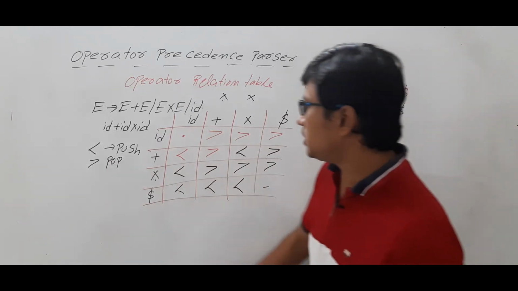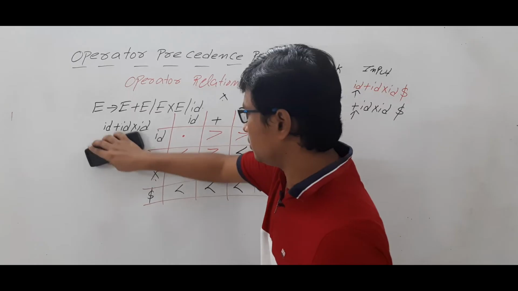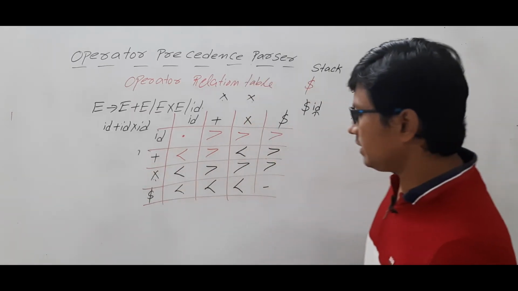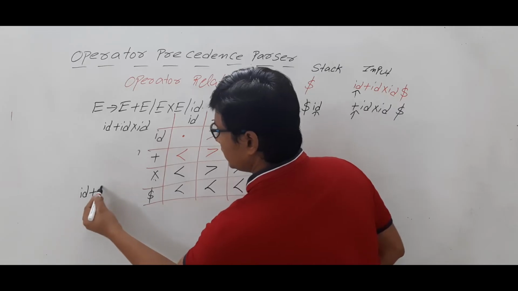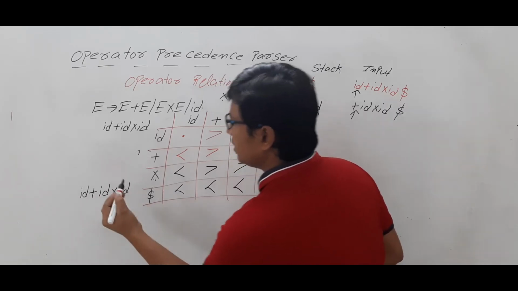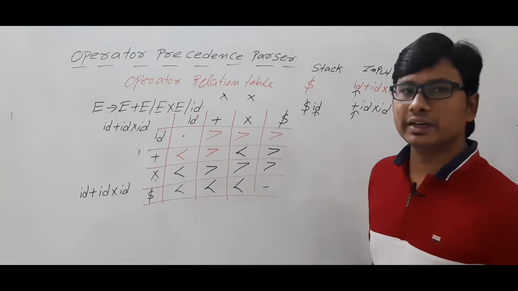What is meant by pop? I will discuss it. We are taking the input as id plus id into id. Popping means we are performing the reduction.